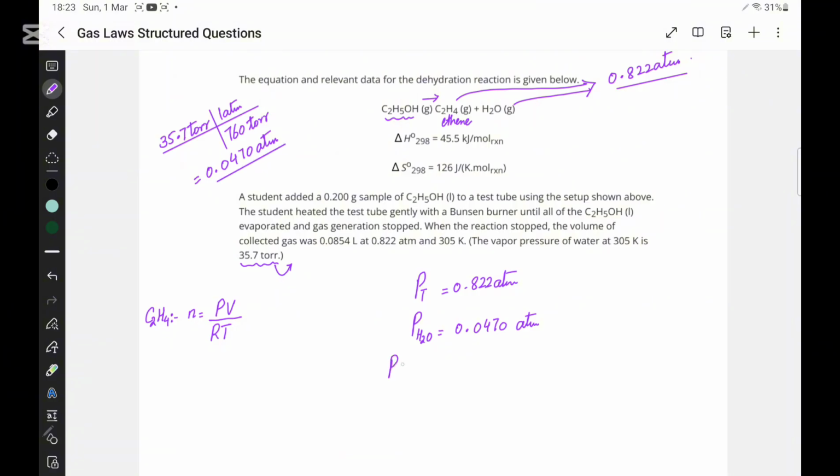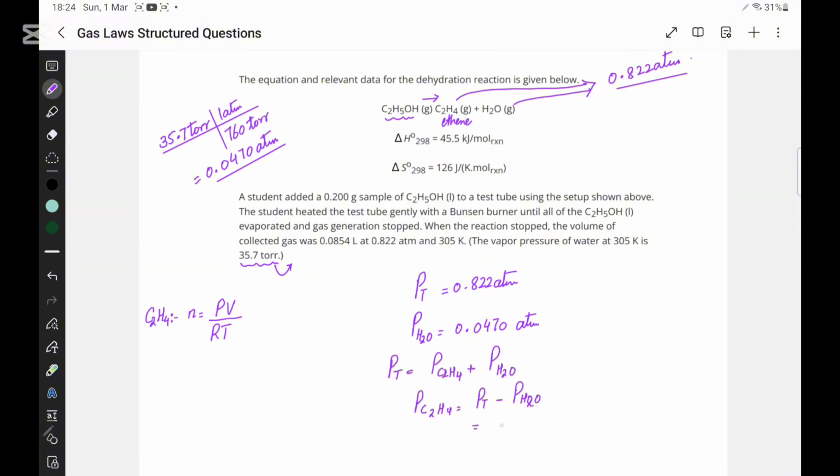So total pressure is equal to pressure of ethene, C2H4, plus pressure of water vapors. So if we want to find out the pressure of ethene, we have to subtract the pressure of water vapors from the total pressure.